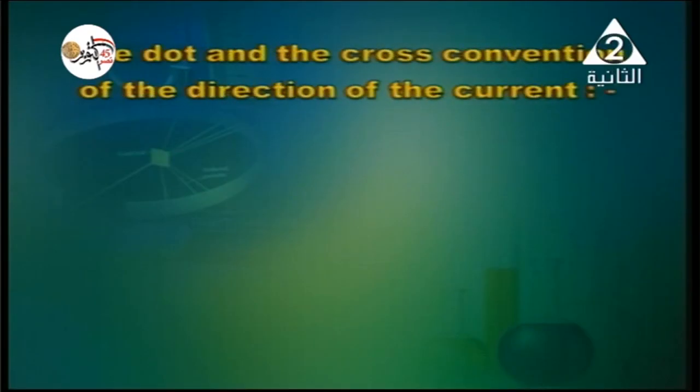And now we've got a convention which is very important when talking about the fields, and it is used everywhere. It is an international language. It is the dot and the cross convention for the direction of the current.